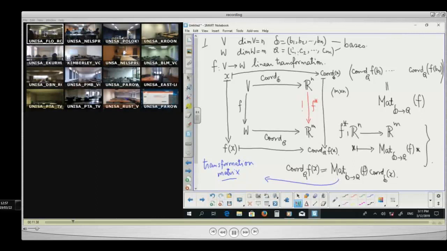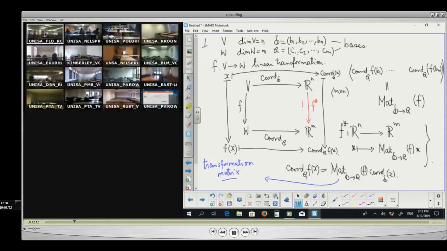Now, as a special case of this, what happens when we have V and W to be the same vector space, but we have two different bases?